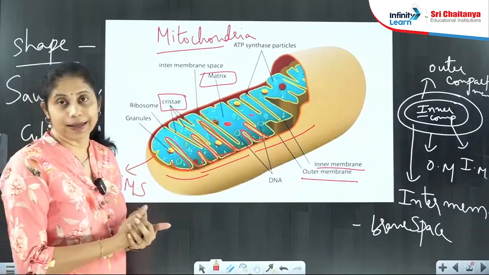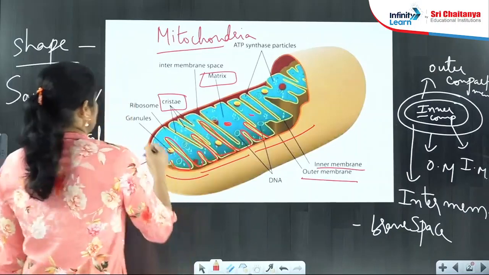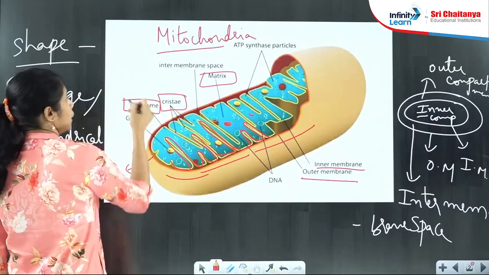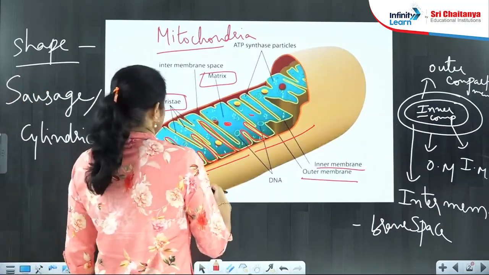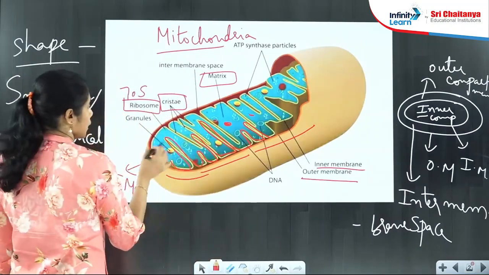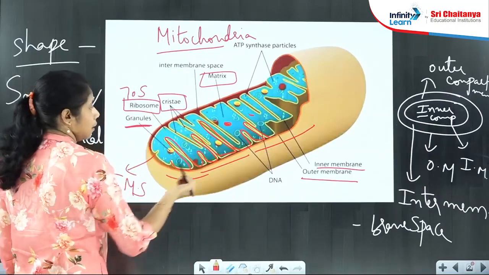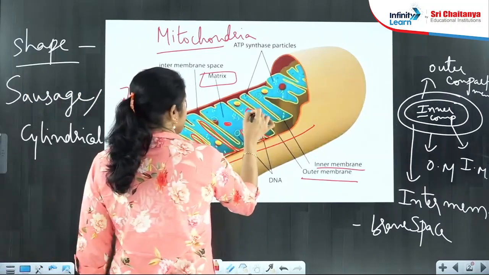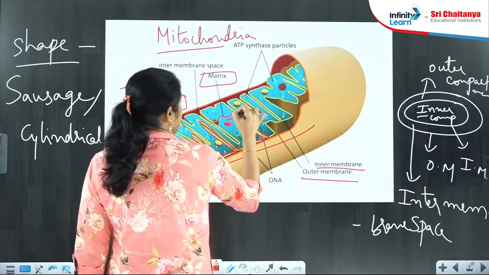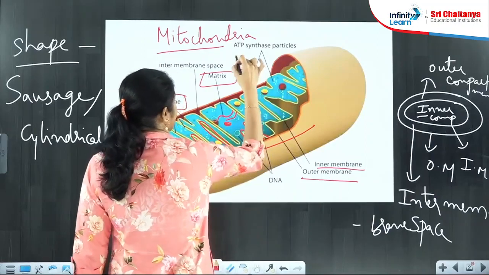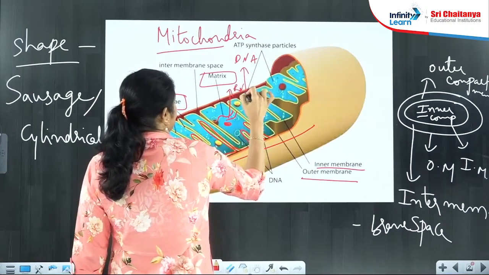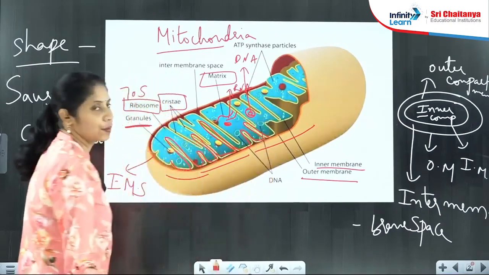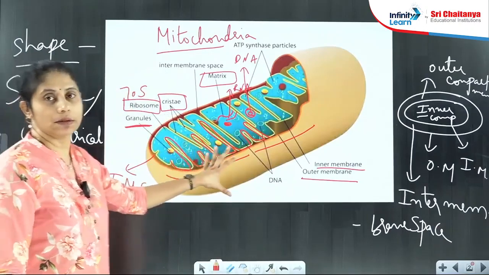Not only respiratory enzymes, it also has ribosomes, particularly 70S type, and then some DNA, some granules also, some circular DNA, and RNA also is present in this.